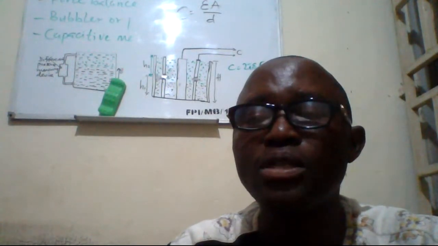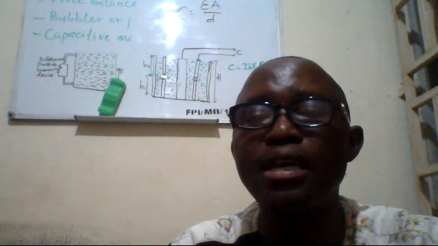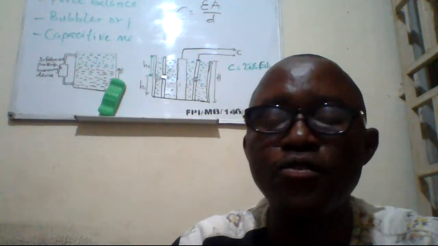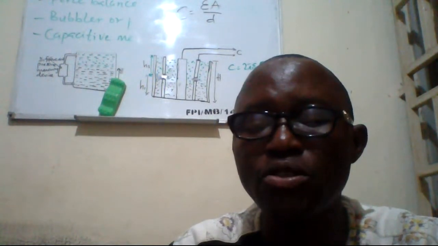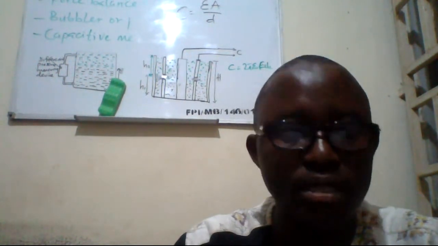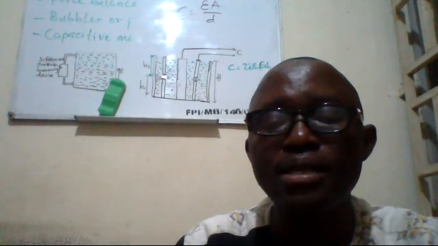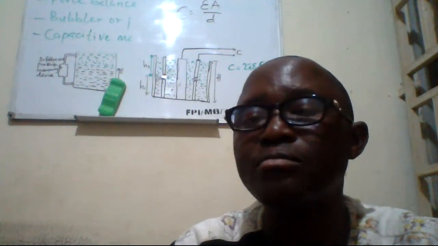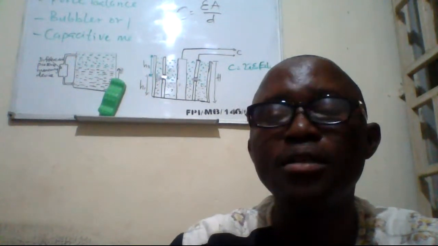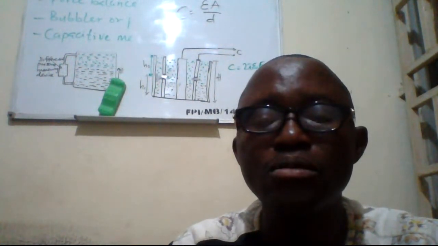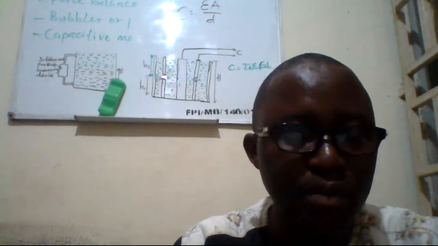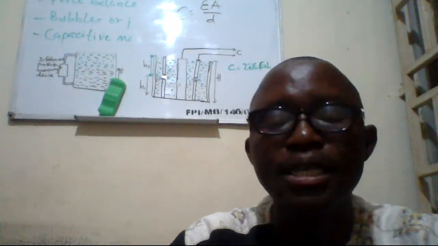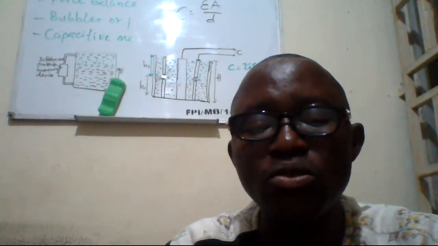I will send the sketches of the three systems that have been discussed so far. The first one was the force balance diaphragm method, and the second one is the bubbler system. The last one is the capacitive method.